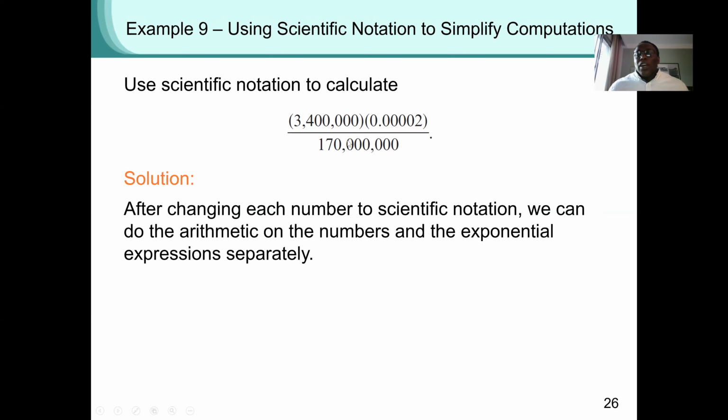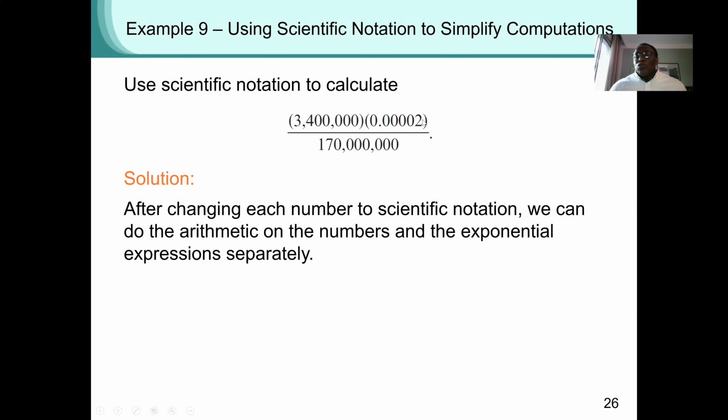So first, the first value is 3,400,000. I'll count the decimal places: 1, 2, 3, 4, 5, 6. So I'll get 3.4 times 10 to the power positive 6. I'm moving the decimal to the left, reducing the value. Now here I have 1, 2, 3, 4, 5.